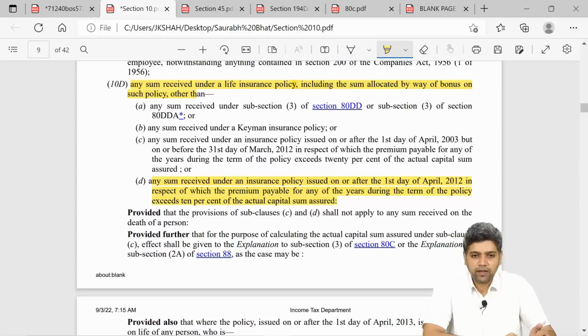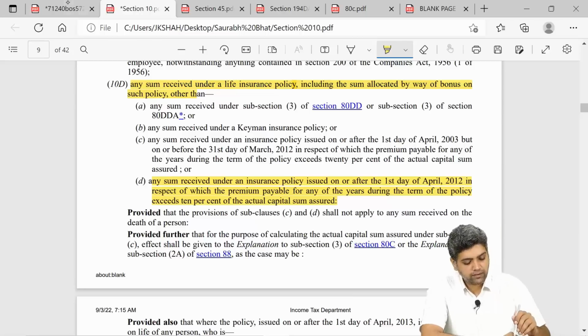If you remember friends that prior to 2012 this percentage was 20%. So in case the policy is issued on or before 31st March 2012, then this percentage is not 10, it is 20. But with effect from 2012, it is 10%.